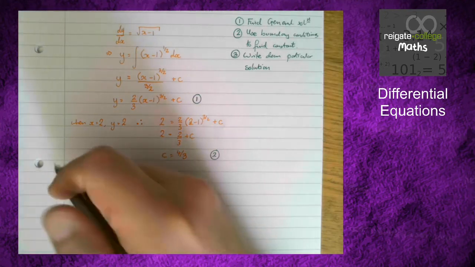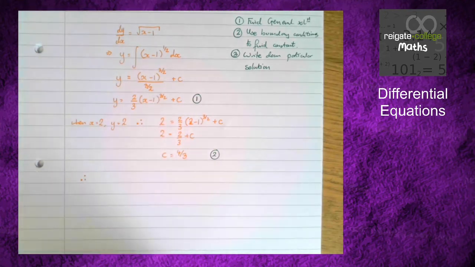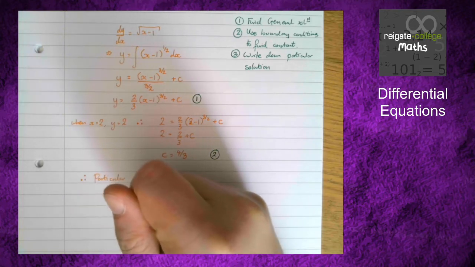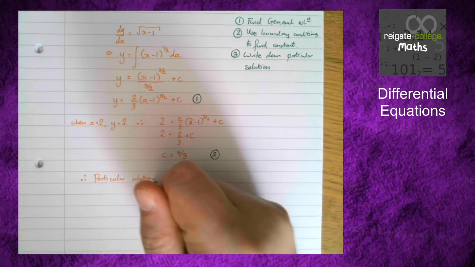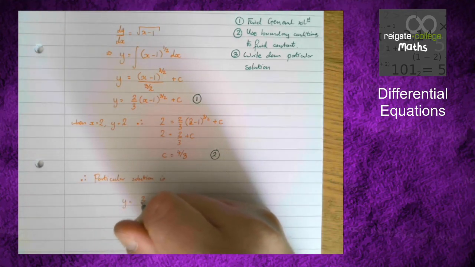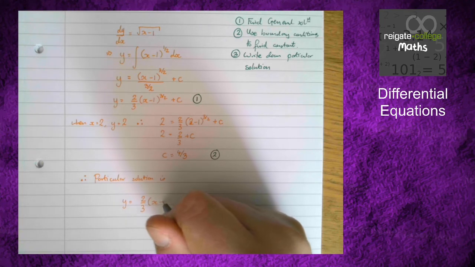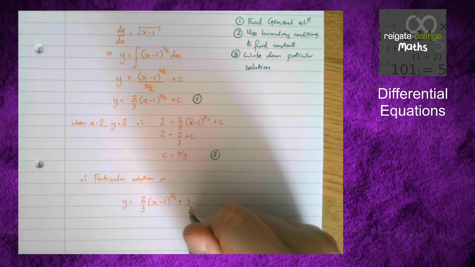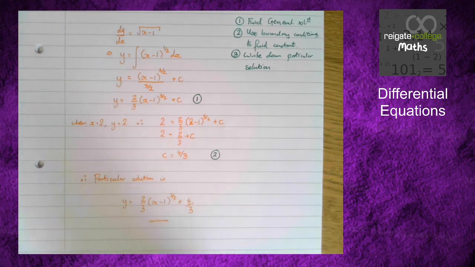Okay, so therefore, the particular solution is y equals 2/3 (x minus 1) to the 3/2 plus 4/3. And we're done.